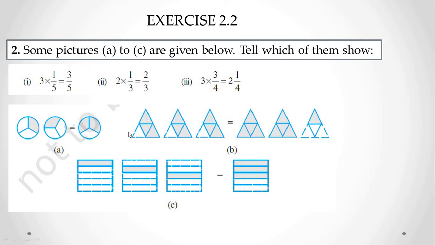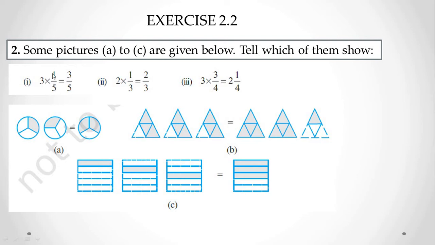So you can observe here in this figure, out of 1 2 3 4, 3 are selected, so it is not matched with that. And here if you see, out of 5, 3 are selected, so this is one part, this is one part, this is one.